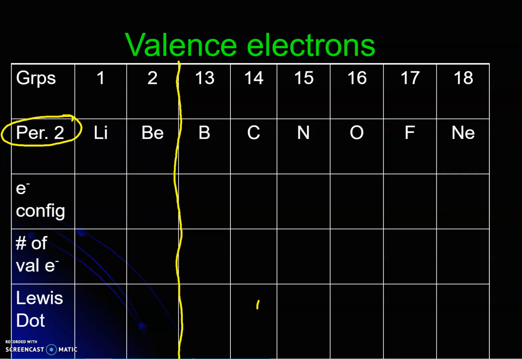And what I usually do for my pre-class here is have you guys write the electron configurations. All right, so lithium is 1s2, 2s1. Beryllium is 1s2, 2s2.